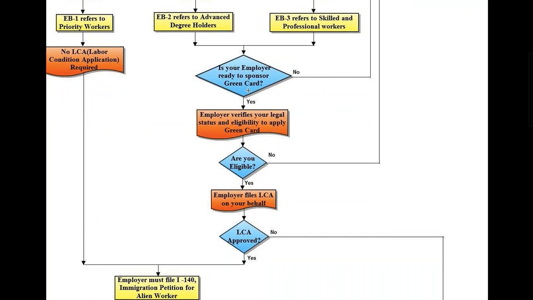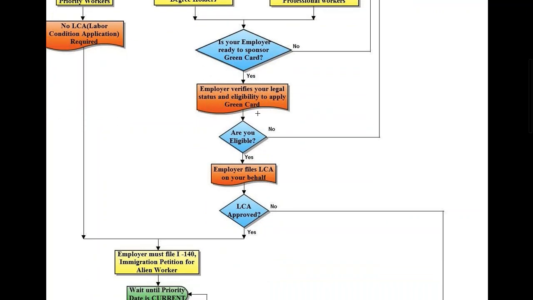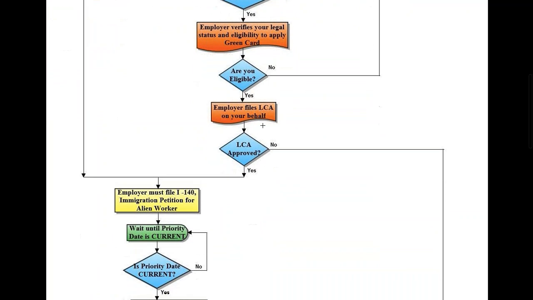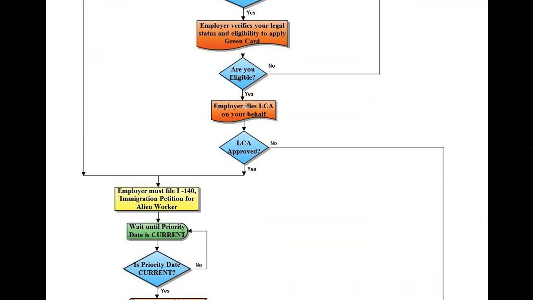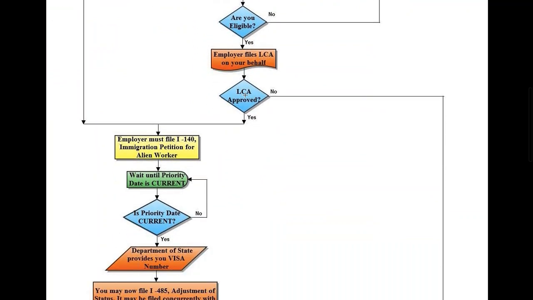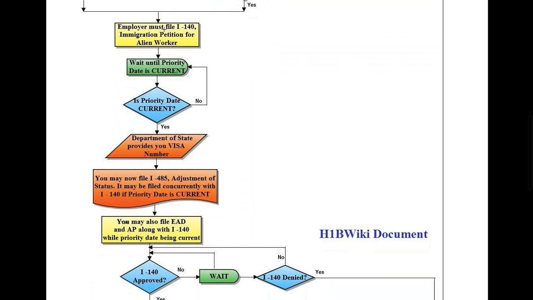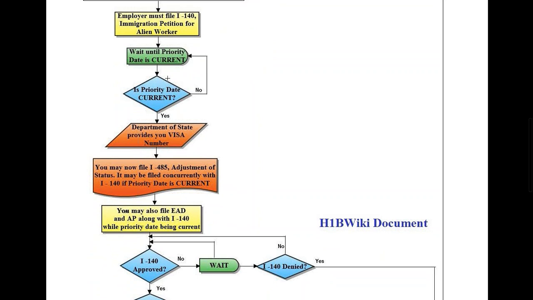Is your employer ready to sponsor a green card? If yes, go down. If no, go back. Employer verifies your legal status and eligibility to apply for a green card. Are you eligible? No, go back. If yes, go down. Employer files the LC on your behalf, a document. Then LC approved. Then the employer must file I-140. This is a process. And see here, is the priority date current? No, repetition.